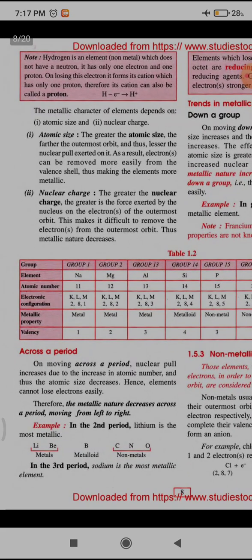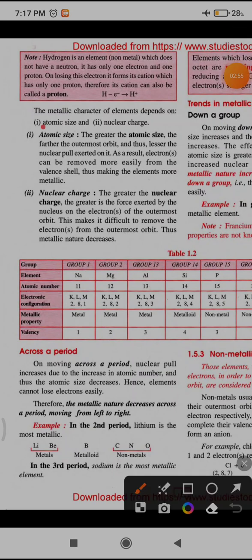Dear students, every time you write the variations of properties along the period and down a group, you have to keep in mind these two things, that is atomic size and nuclear charge.